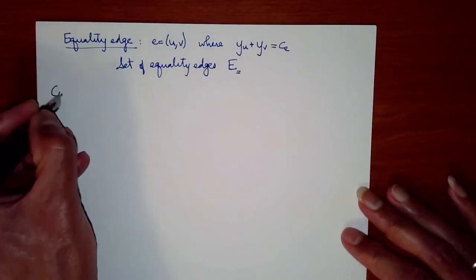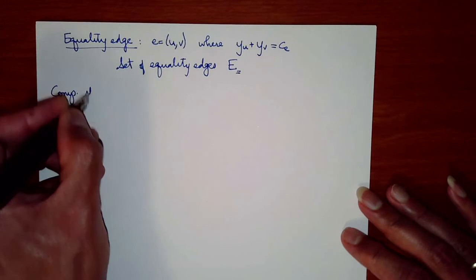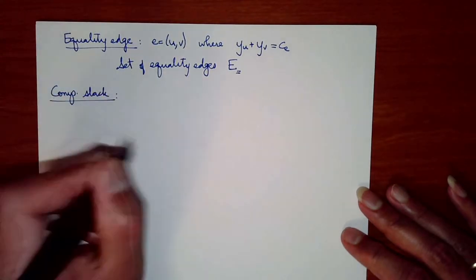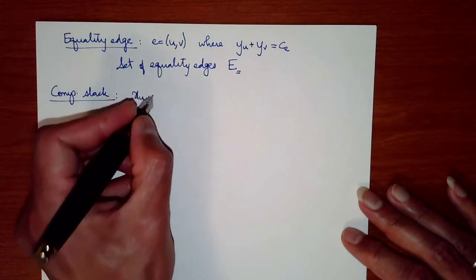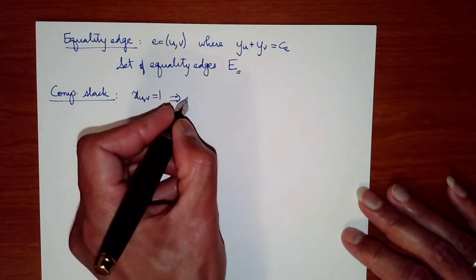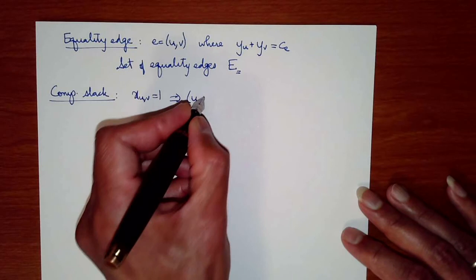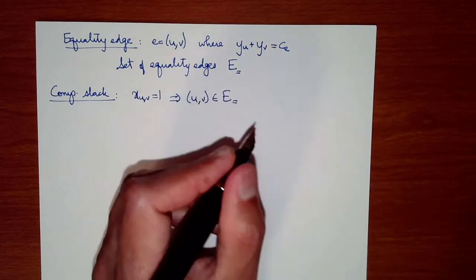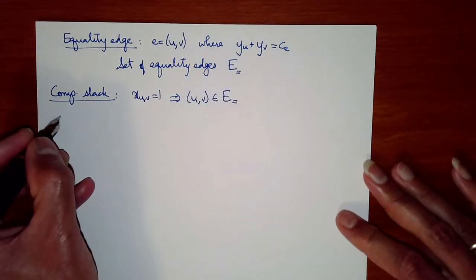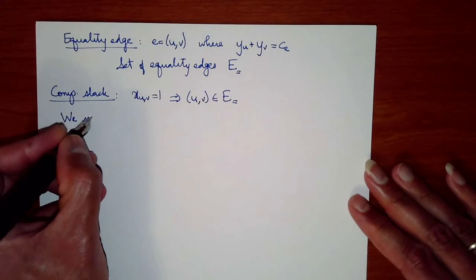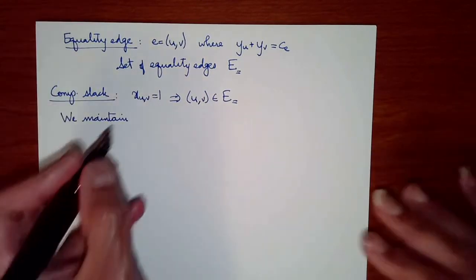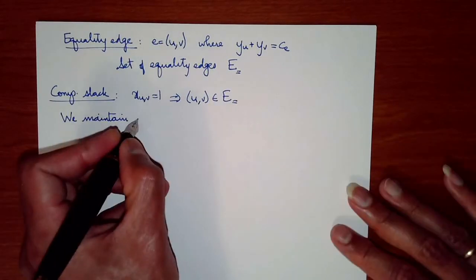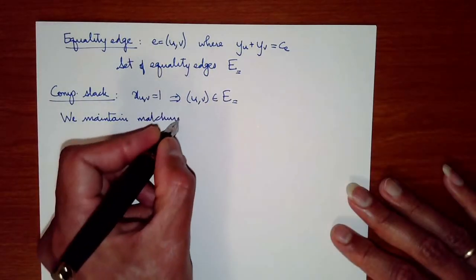Now the complementary slackness condition is simply saying that x_UV equals 1 implies that UV is in this equality set. Equivalently, instead of talking about x, I can just talk about how we maintain a matching, which may be partial.